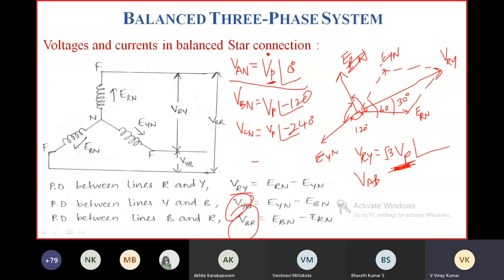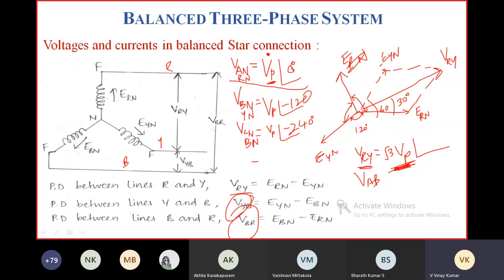Otherwise, here VRN, VYN, VBN. If you take R, Y, B instead of A, B, C: VRN is equal to VP at an angle 0 degrees, VYN is equal to VP at an angle minus 120 degrees, VBN is equal to VP at an angle minus 240 degrees.